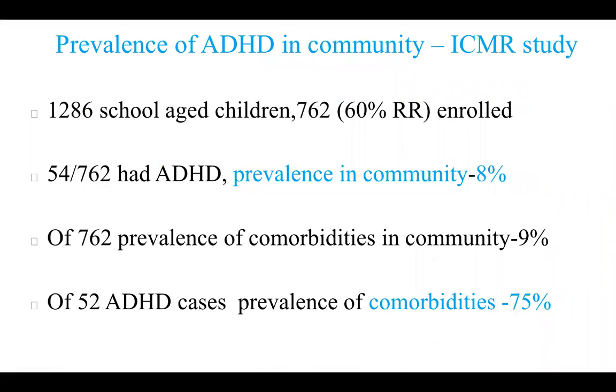Now, the prevalence of ADHD in the Indian community: there are very few studies in the literature. As I said in the opening remarks, about 5 to 10% is the prevalence as per the US estimate.